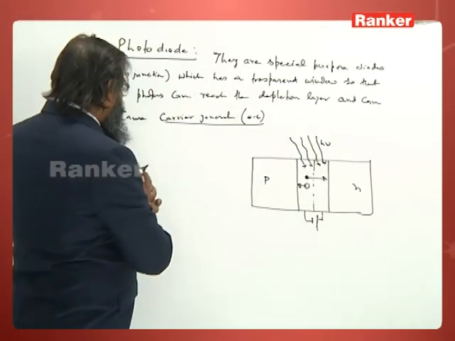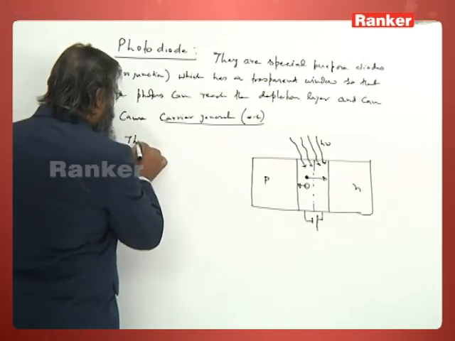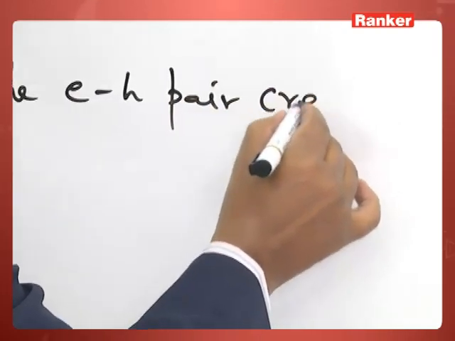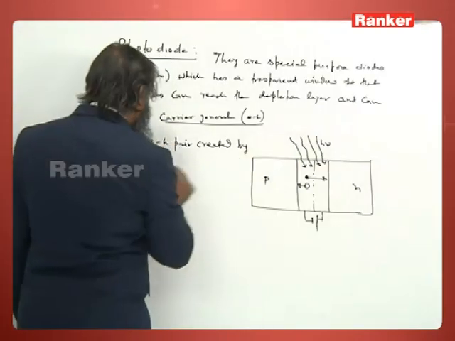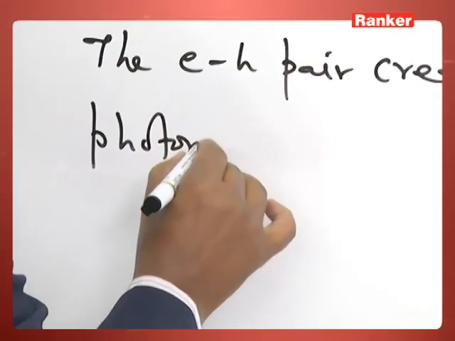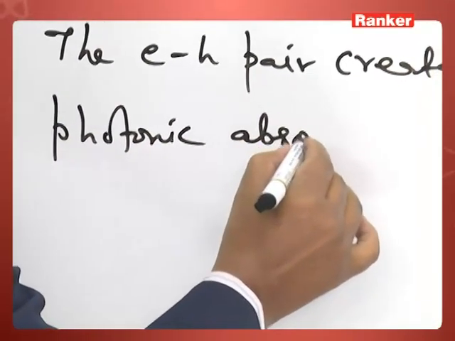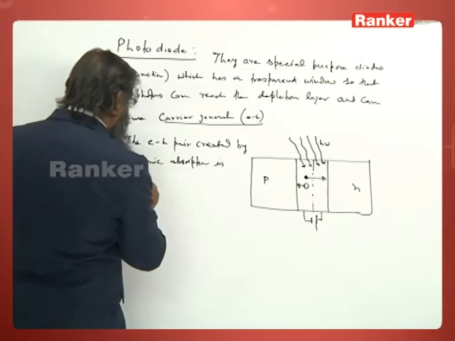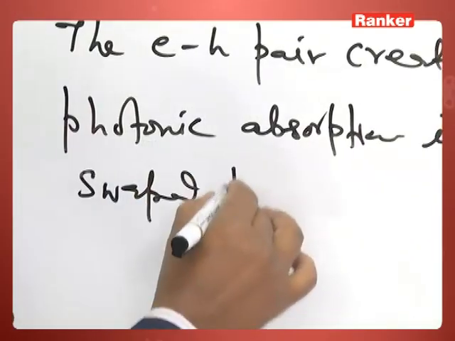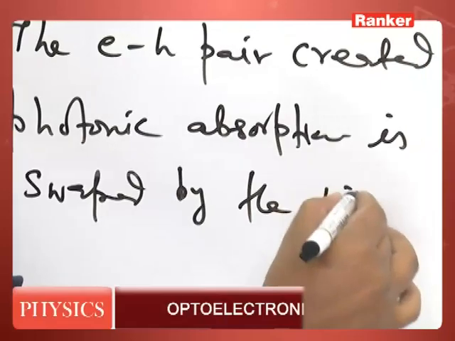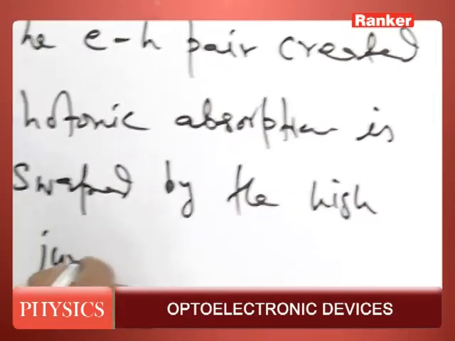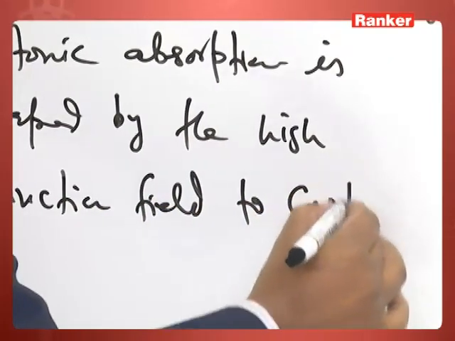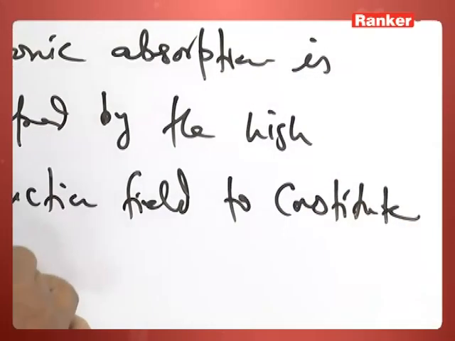So, the electron hole pair created by photonic absorption is swept by the high junction field to constitute a drift current.